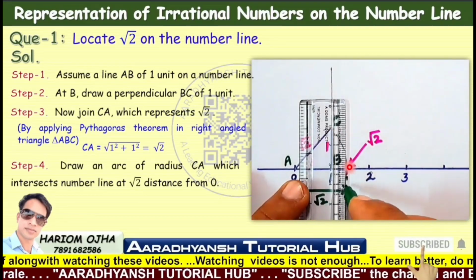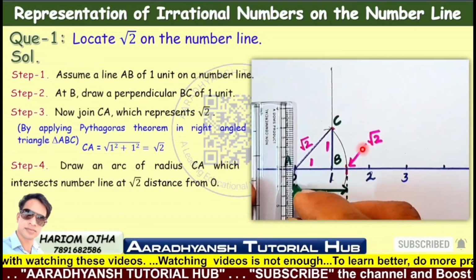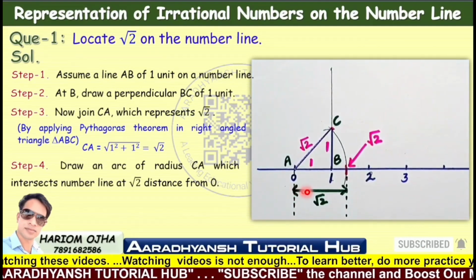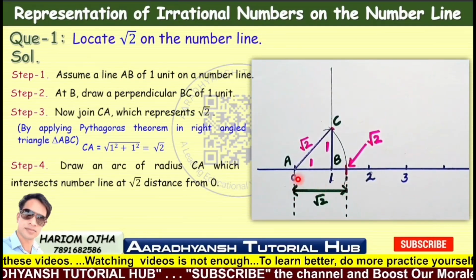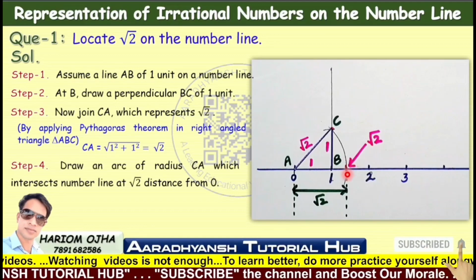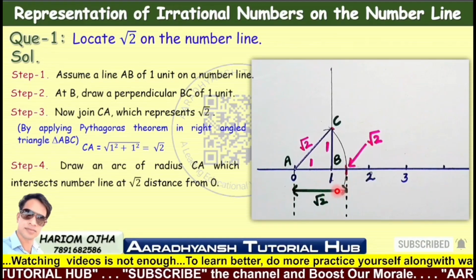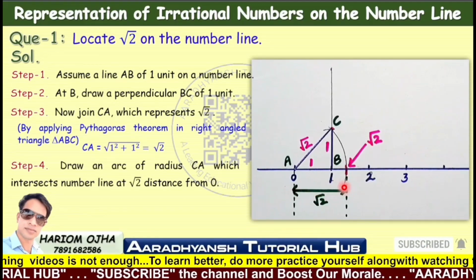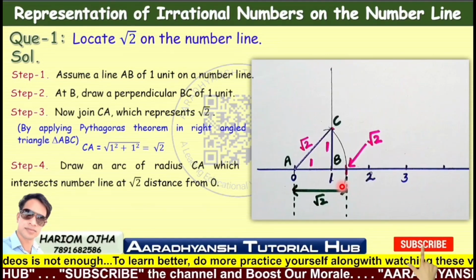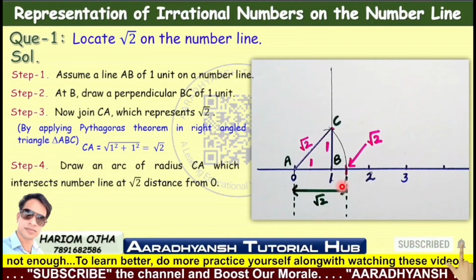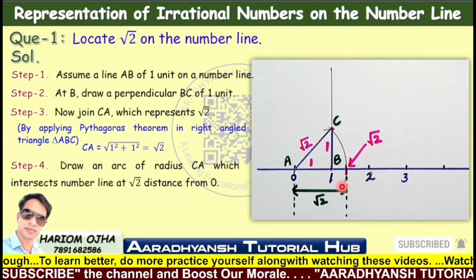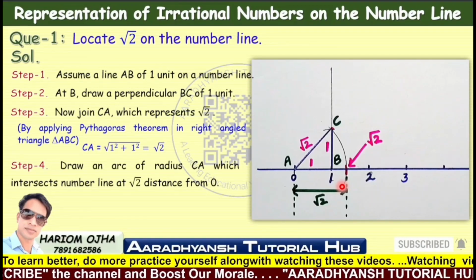So students, in this way we can represent square root of 2 on number line. The distance from 0 to this point is equal to square root of 2. I hope you have understood how we can draw an irrational number on number line.